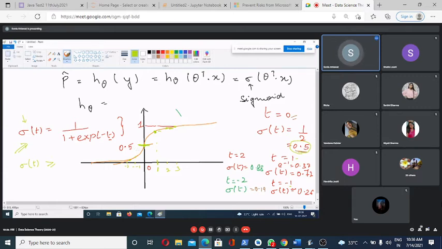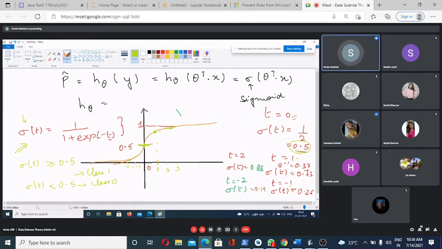Getting my point? If I'll say that sigma t is greater than 0.5, then it belongs to class 1. But if my sigma t is less than 0.5, it belongs to class 0. Clear हुआ class? Is it clear to everyone?